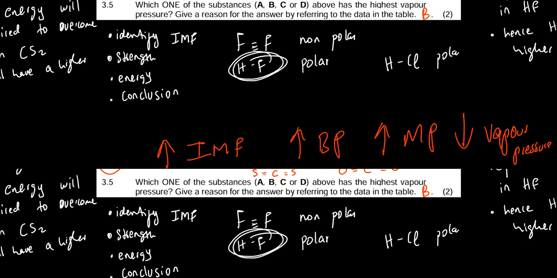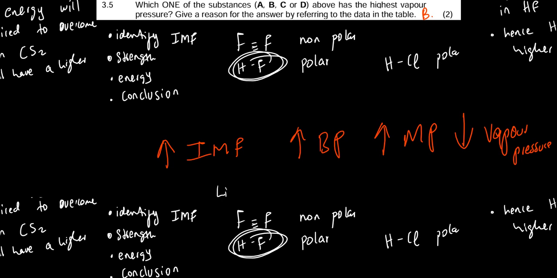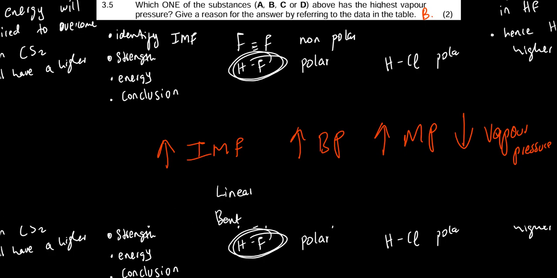It's going to be non-polar if it's the same atom bonded together, but it will be polar if it's different atoms. No, if it's three atoms, it's also going to be non-polar. But if it's two atoms and the atoms are different, it's going to be a polar molecule.